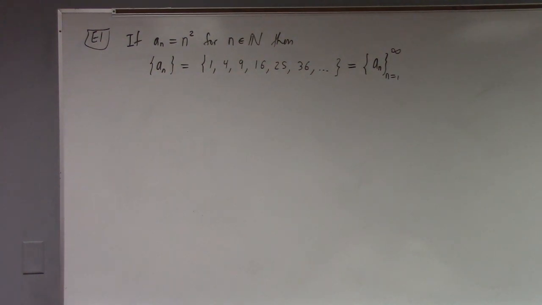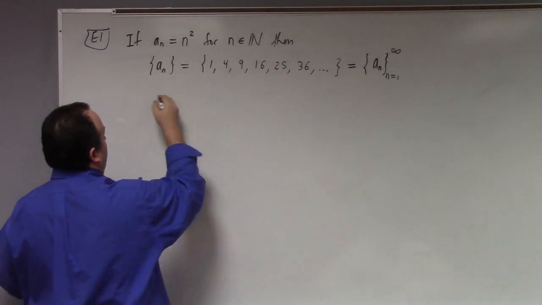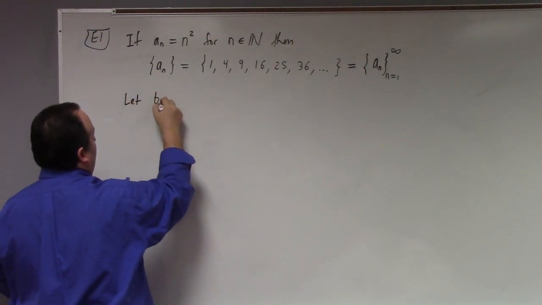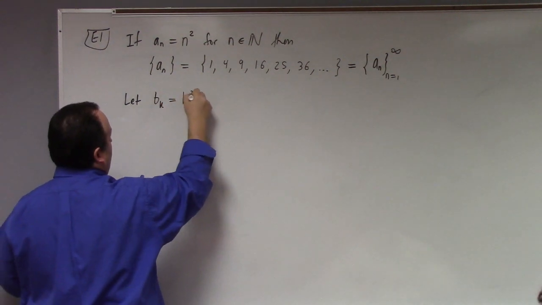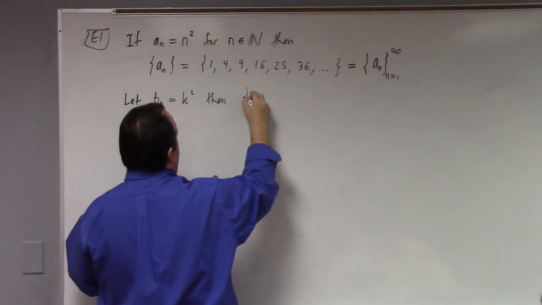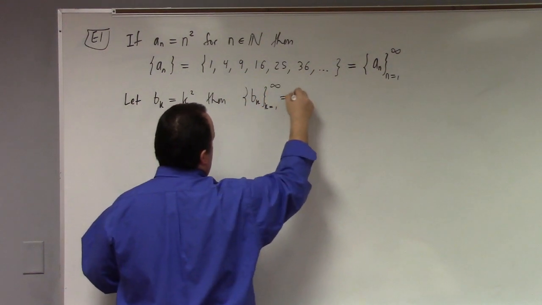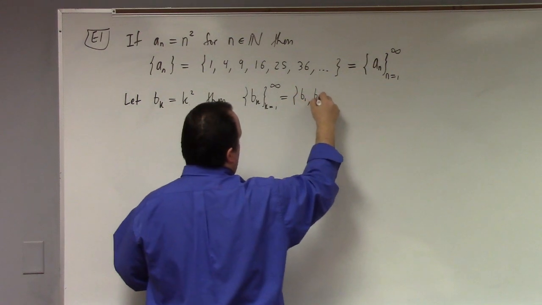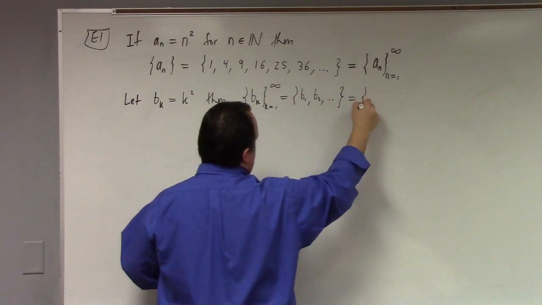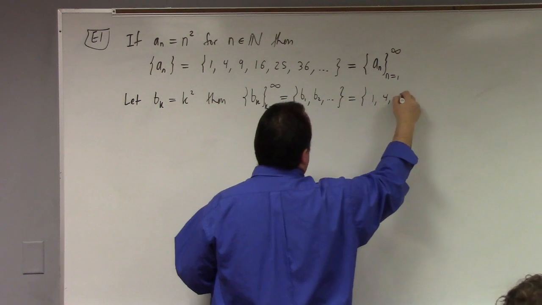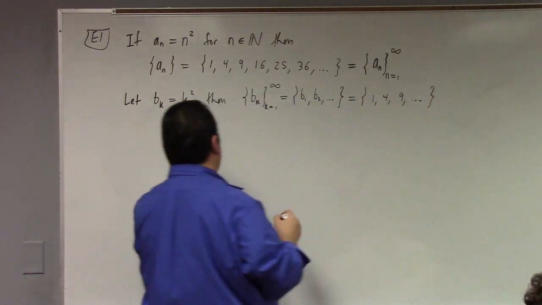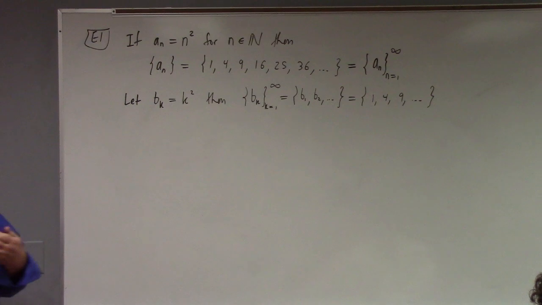But I would say this, if I wanted to, I could let b sub k equal k squared. Then if I look at b sub k, k equals 1 to infinity, well, that's b1, b2, which works out to, again, 1, 4, 9. So in this sense, the n is just a placeholder, right? It doesn't have an independent meaning in some sense.